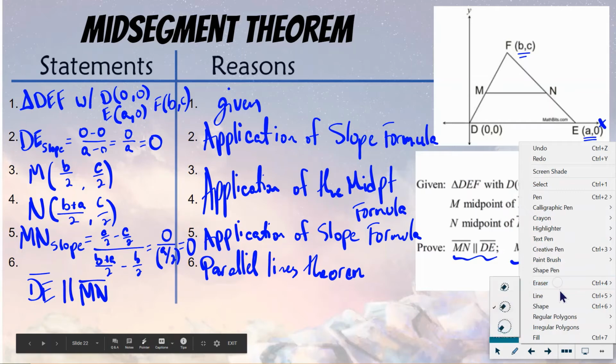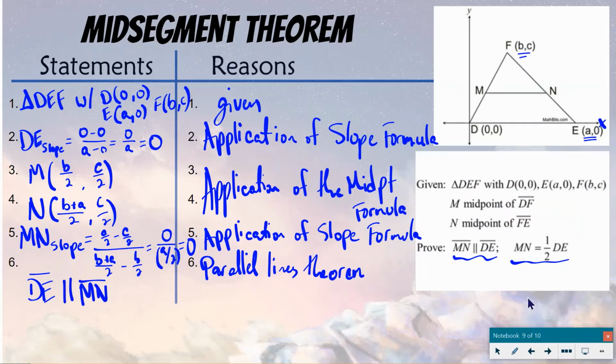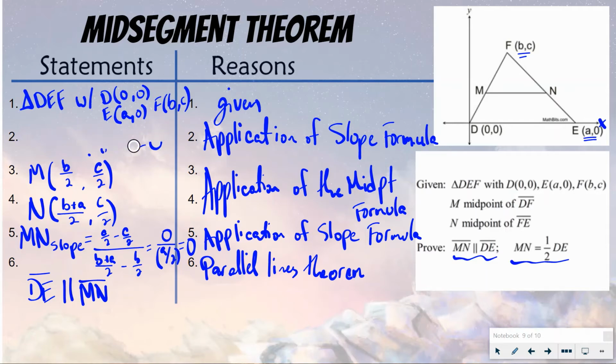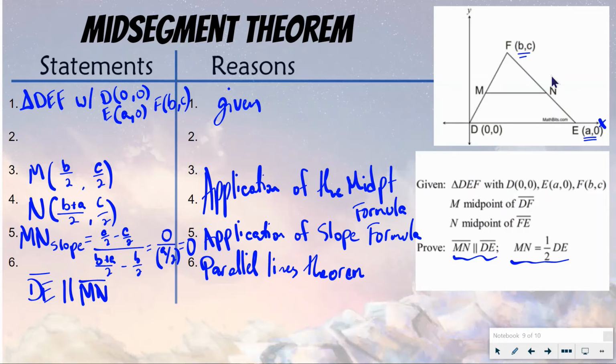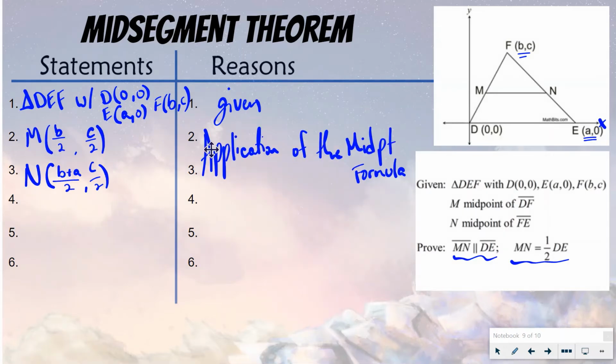So for the next part, I'm going to steal some steps that I used in here. To prove that MN is half the length of DE, I don't really need the slope here anymore, so I'm going to get rid of that. But I know I'm going to need the coordinates for my vertices, and I'm going to need the coordinates for M and N. So I'm going to steal steps 3 and 4 and just slide them up, and use those for steps 2 and 3.